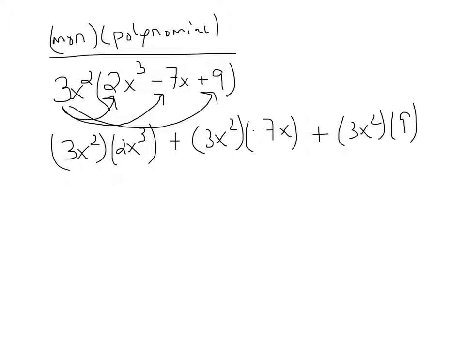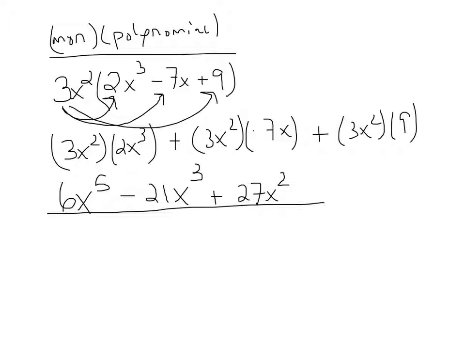And now it's just monomial times monomial 3 different times. And we end up with 6x to the 5th, whoops, no plus sign there, minus 21x to the 3rd, and then plus 27x squared.